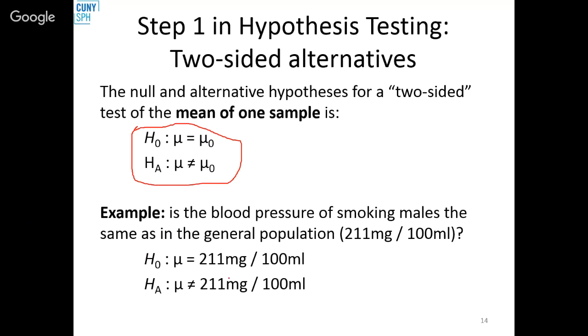Because hypothesis testing is about population means. There's uncertainty because we only have a sample, but we're making inference about the population mean. So it's the population mean of what? This mu. In this example that I'm giving right here, what is mu?